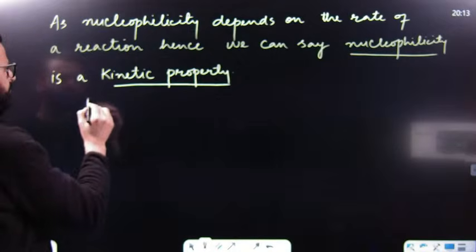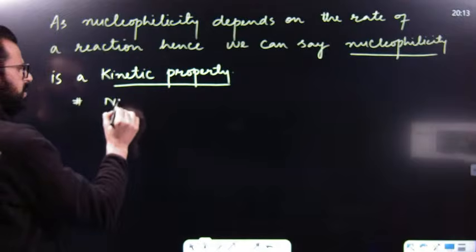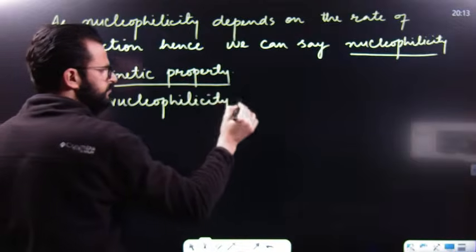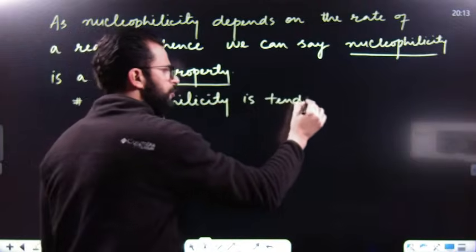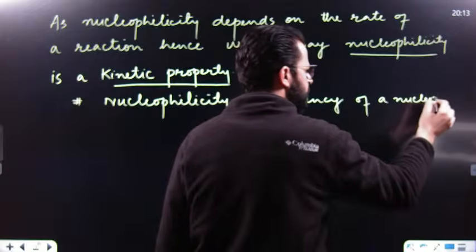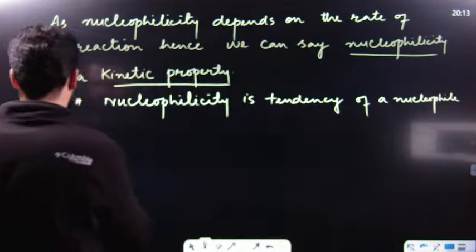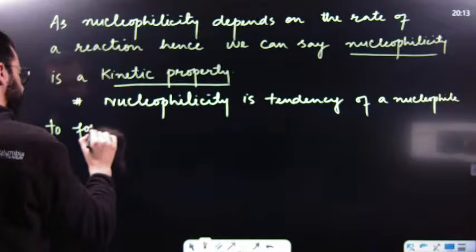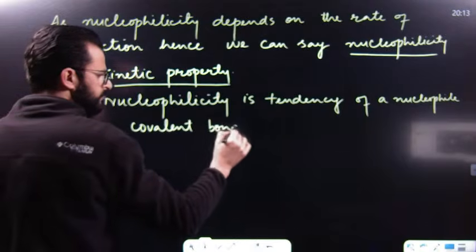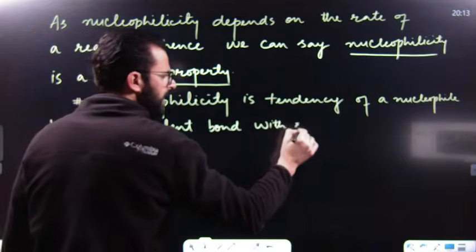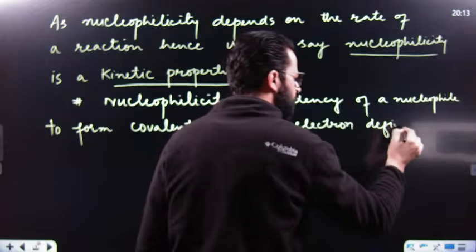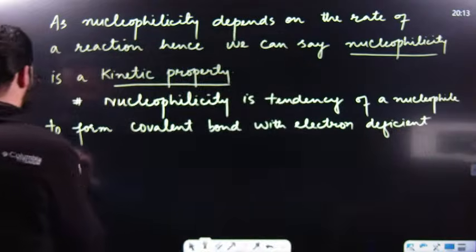So we can simply say that nucleophilicity is the tendency of a nucleophile to form a covalent bond with the electron deficient site of the substrate.